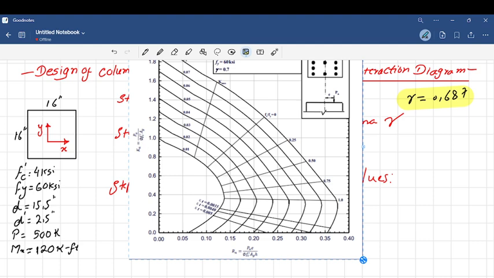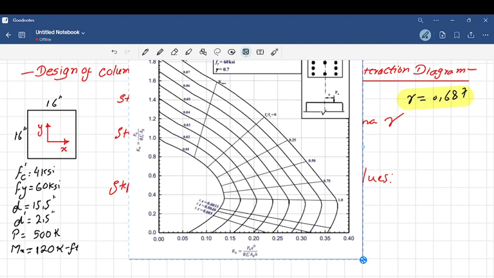Here the phi value would be 0.65 for f prime c in ksi, and because a column is somewhat less ductile than a beam, we get a more conservative reduction factor for our design. At the same time you can see Rn, which equals Pu times e.